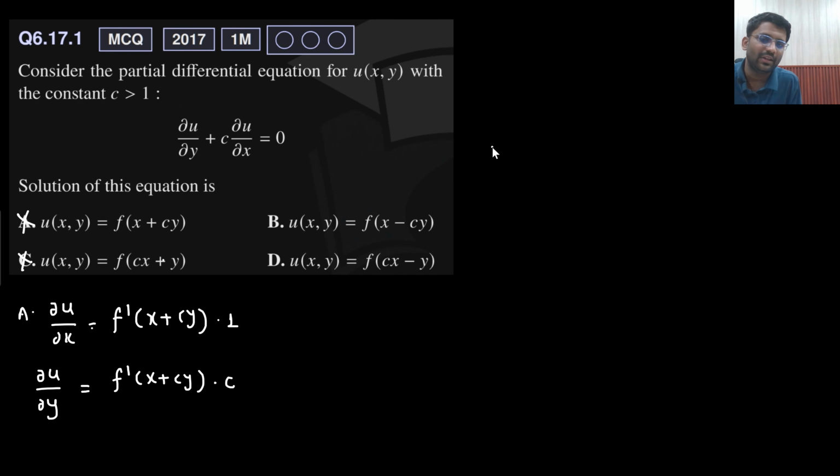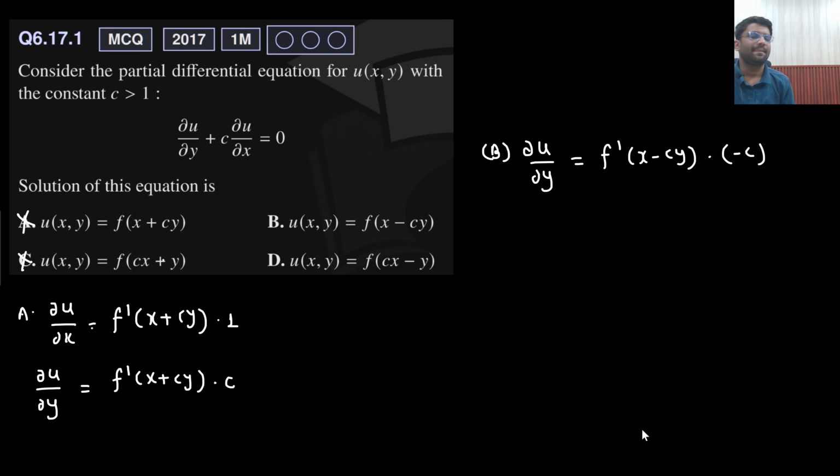But if I think of option B, what can I do? Partial differentiation of u with respect to y. What will you get with respect to y if you do? F dash of x minus cy multiplied with minus c. Right? And partial differentiation of u with respect to x, what will it give me? F dash of x minus cy. Now if you differentiate the inside, you will get 1 only.